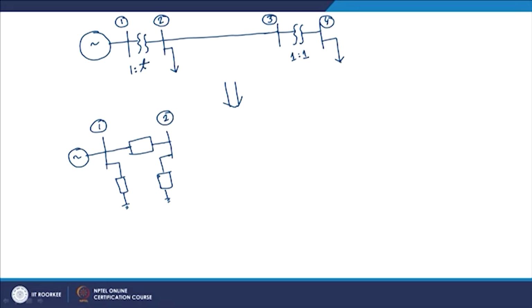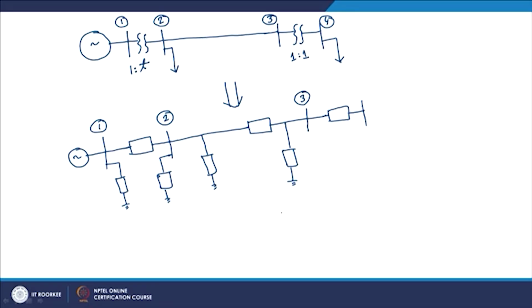Then for this transmission line there would be another pi model, and then we reach bus 3. Because this is a 1:1 transformer, it would be represented only by a series impedance. So this is bus 4, and then we have a load.